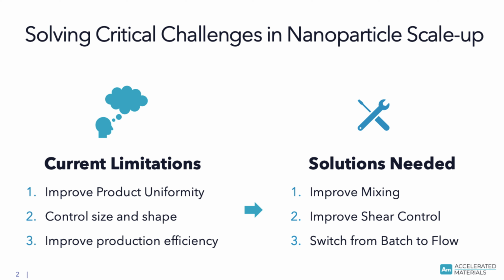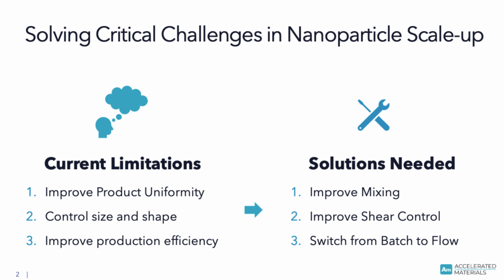Secondly, to control size and shape. So size and shape are critical when you think about the performance of a given nanomaterial. It's not just about composition, but it's also about the morphology and the structure of that material.